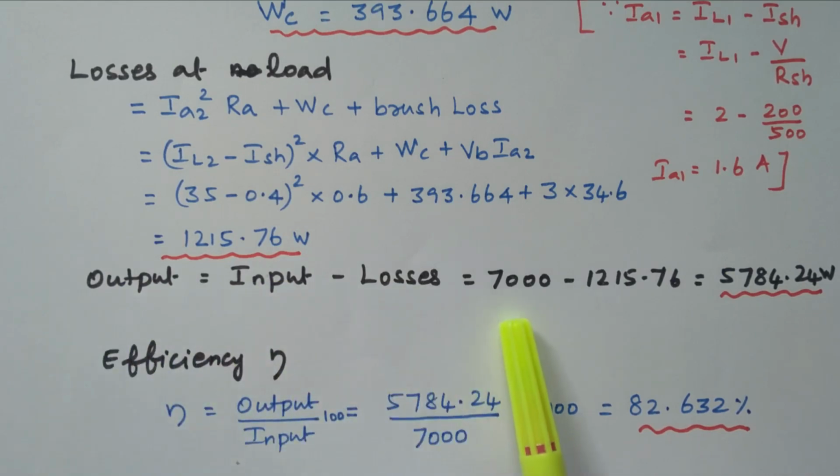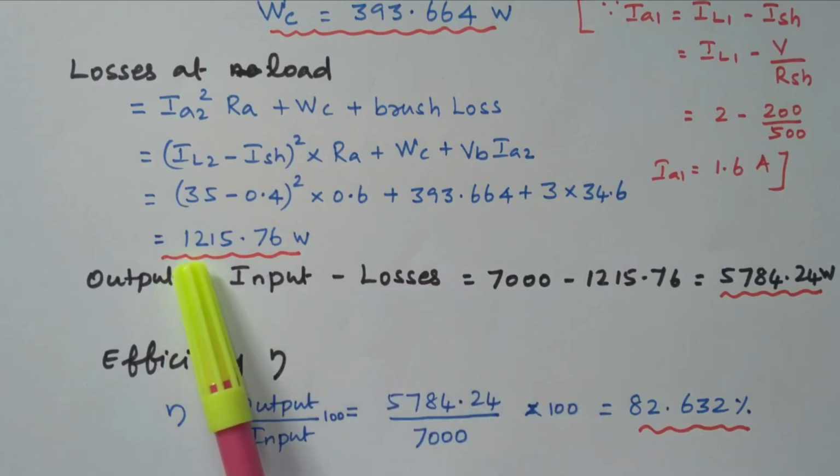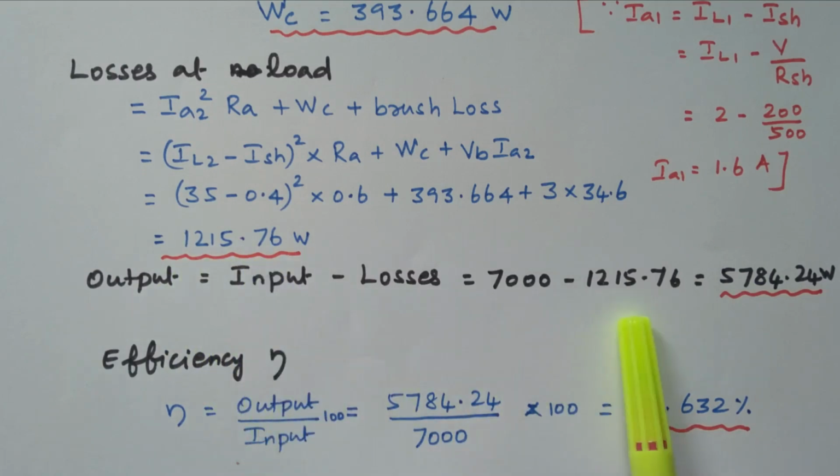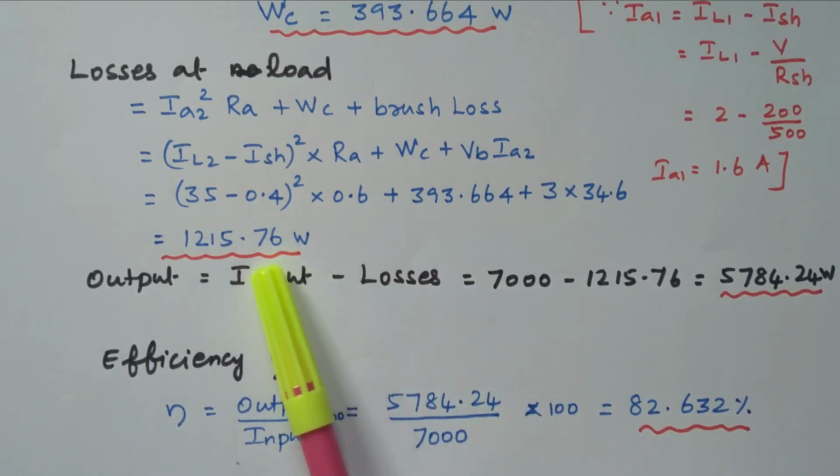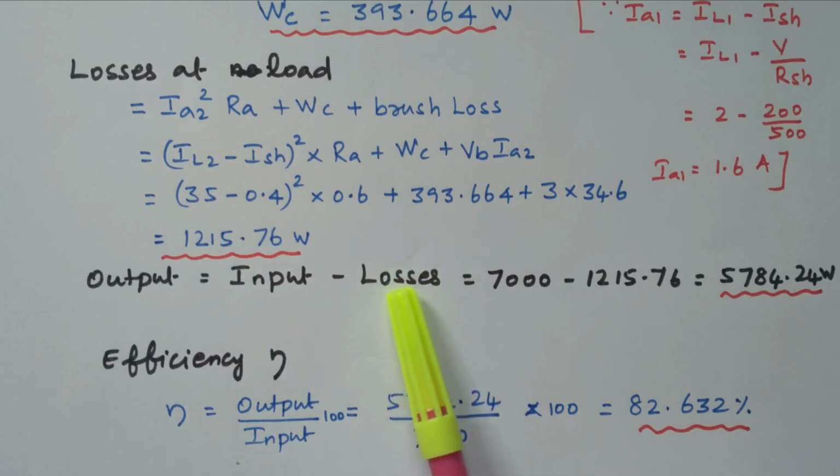The input power already calculated is 7000 watts. The losses are 1215.76. By subtracting, we got 5784.24 watts. So this is the output power of the motor.